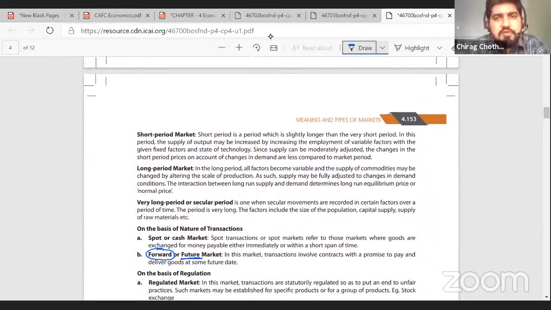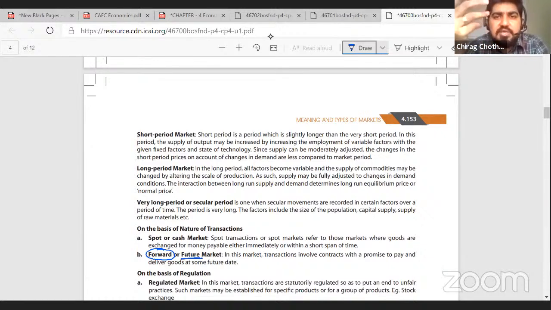Fourth one, on the basis of regulation, either it can be a regulated market or it can be an unregulated market. Now, what do you mean by regulated market? Which is governed by a regulatory authority, which is governed by a regulatory body. A statutory body set up by the Indian government in order to scrutinize or regulate the organization. It will be called a regulated market. Sir, for example, stock market is a regulated market. Why?